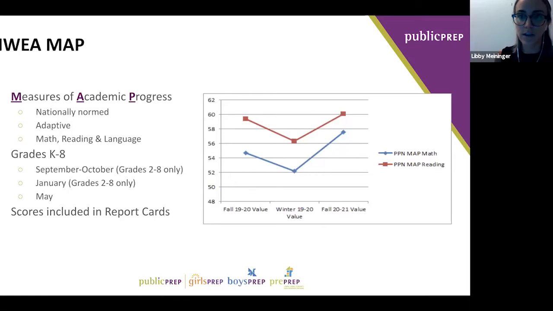So you'll see that in your student's percentile score. For example, if your student is in the 70th percentile, that means that they're performing higher than 70% of students across the country. And I definitely encourage you to ask your child's teacher for their MAP student profile, which is where you can see all of this great information.